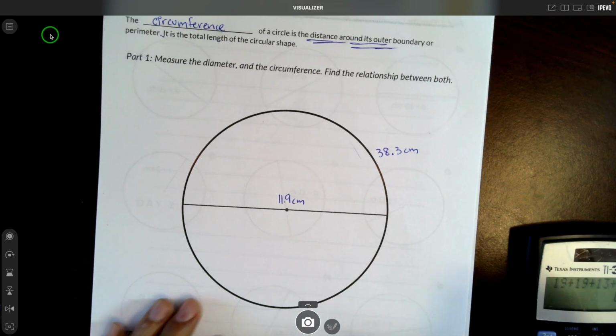Okay. Now, honestly, I just hope that this works perfectly because I'm using a different circle this time. What we're going to do is divide the circumference by the diameter, and we're going to get a number, okay?